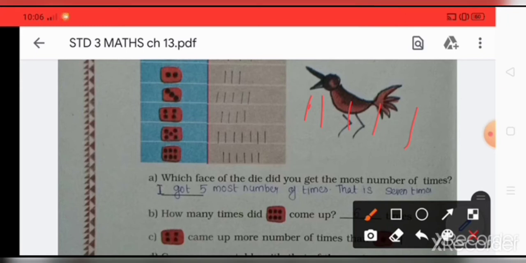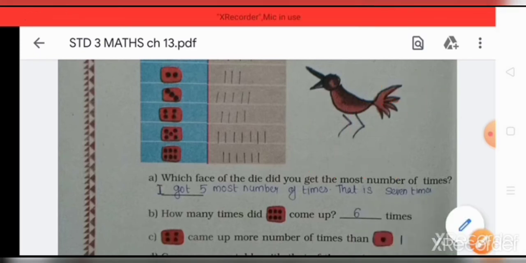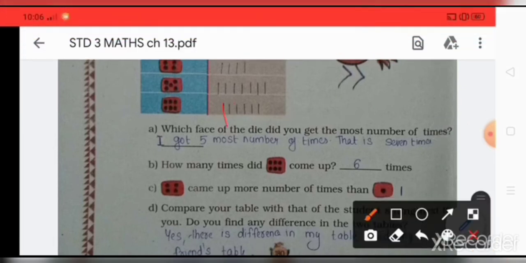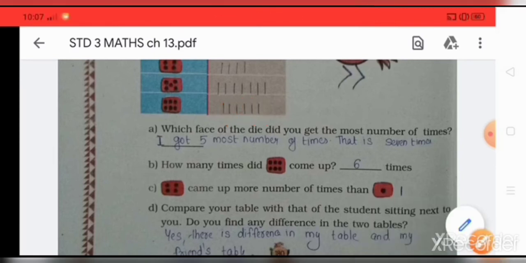And for the number of times 1, 2, 3, 4, 5, 1, 2, 3, 4, 5, 6, 7. And 6, how many times is there? 1, 2, 3, 4, 5 and 6.